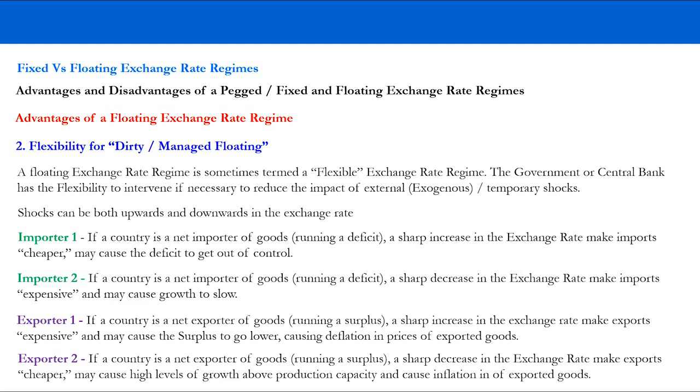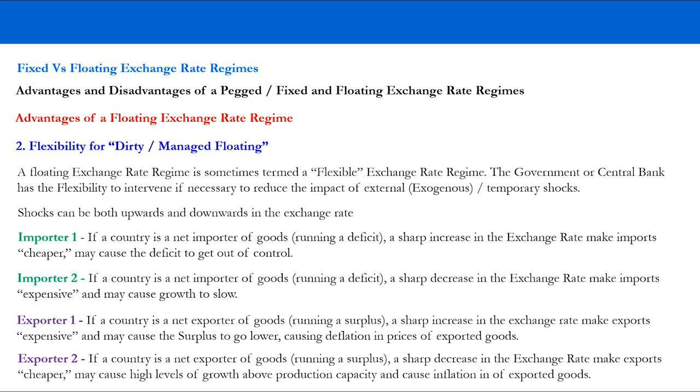If you're an exporter running a surplus and you get a decrease in the exchange rate, this can make exports cheaper and can cause much higher levels of growth above your production capacity as a nation. And this can cause inflation in your exported goods. And inflation can be a bad thing as well. So there could be shocks to your system created by exogenous factors if you're in a floating exchange rate regime.